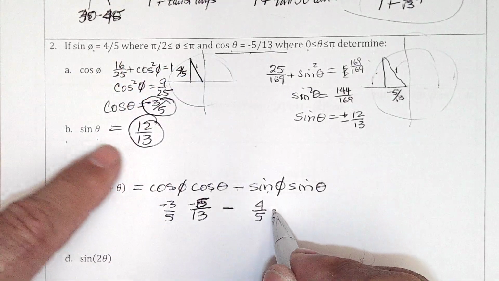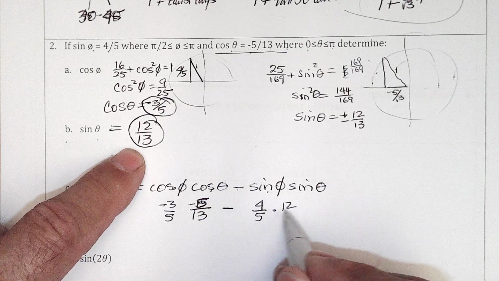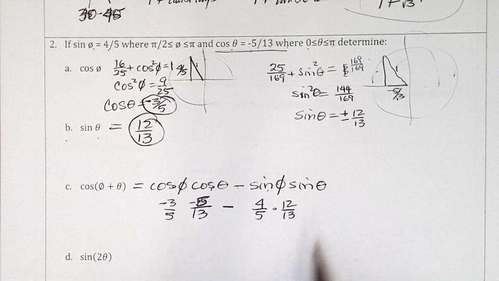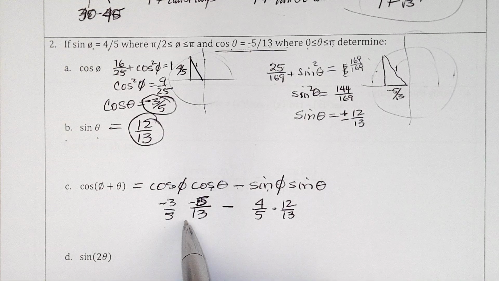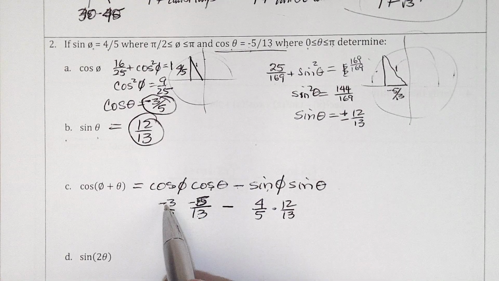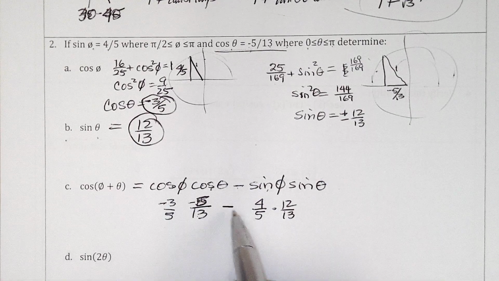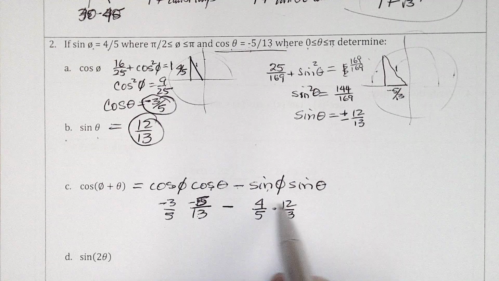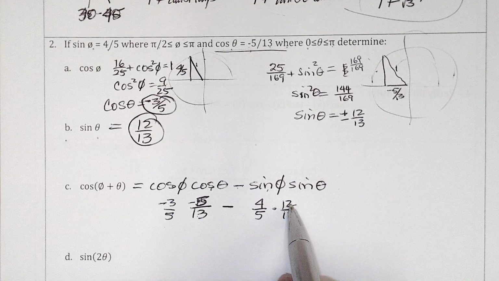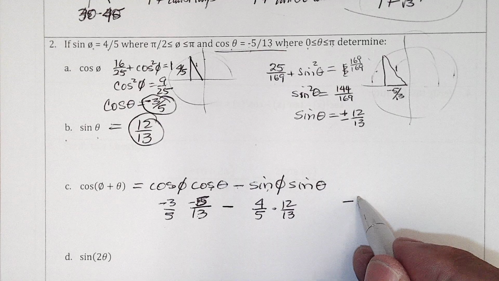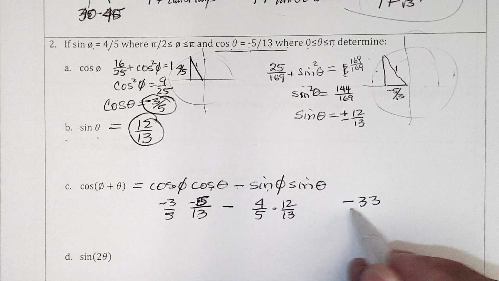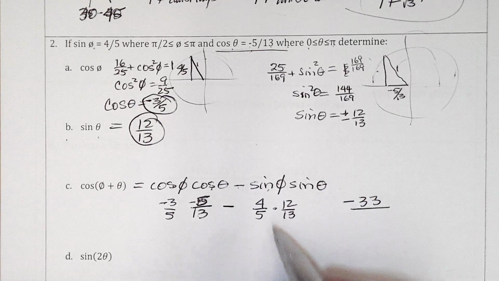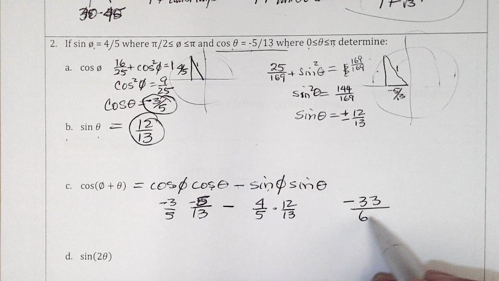Sine of the second is 12/13. So our common denominator is 5 times 13, and we got 15 of those minus 48 of those, which is minus 33. 5 times 13 is 65.